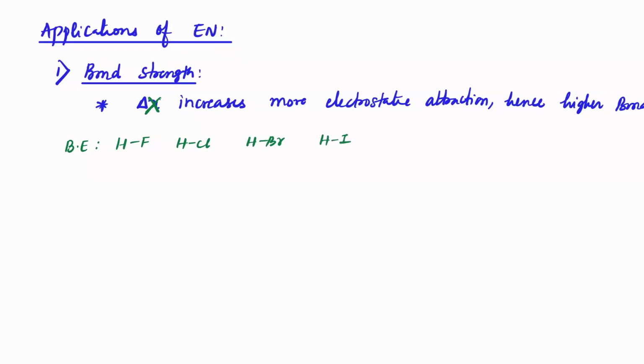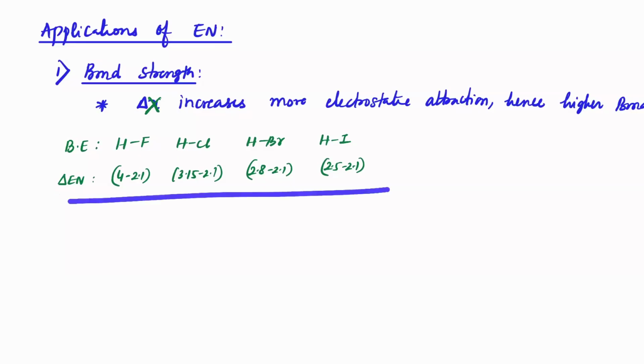If you notice the electronegativity difference, guys, this is 4 minus 2.1, correct? So this is 3.15 minus 2.1. This is 2.8 minus 2.1. And this is 2.5 minus 2.1. So you can see the electronegativity difference is decreasing. Since the electronegativity difference decreases, the delta positive, delta negative magnitude will decrease.